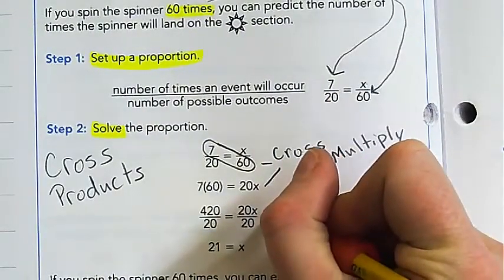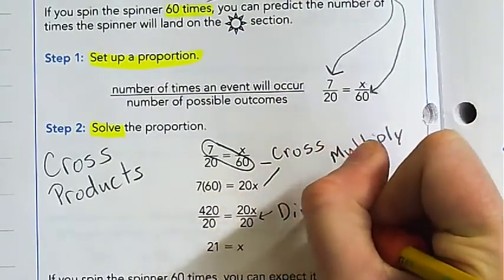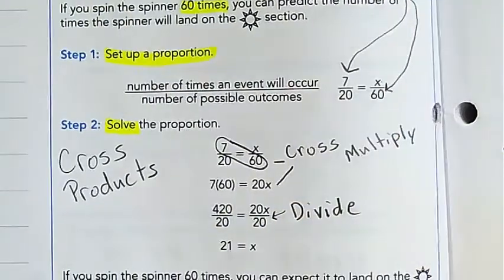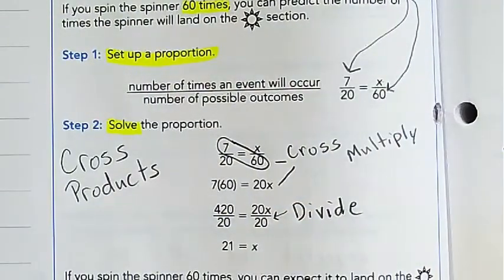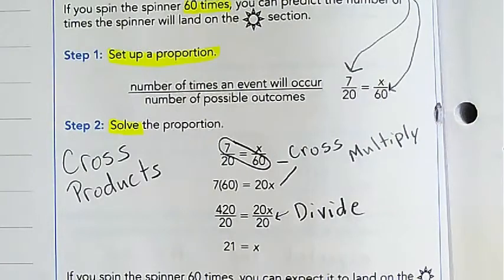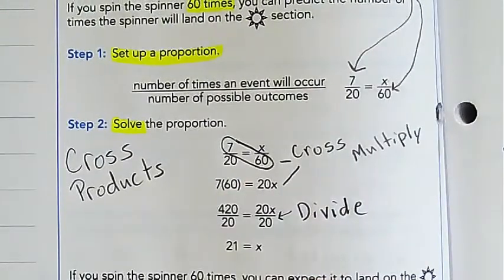And then divide. A fraction line is a division sign, so they divided. Cross multiply and divide. Multiply diagonal, divide by that number that was left out.